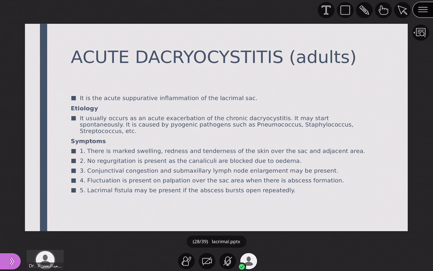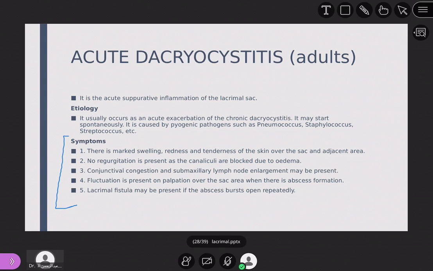Symptoms: there is marked swelling, redness, and tenderness of the skin over the sac and adjacent area. No regurgitation is present as the canaliculi are blocked due to edema. The symptoms are very important to differentiate between acute and chronic dacryocystitis.